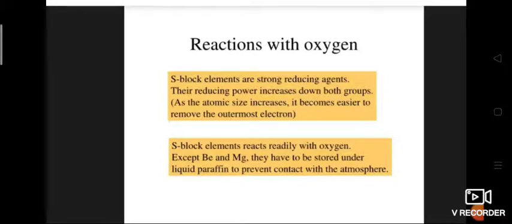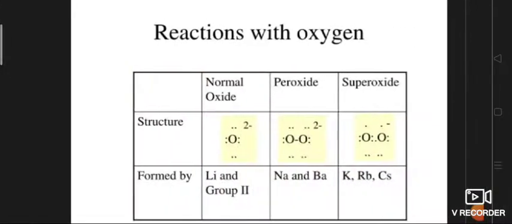S block elements react readily with oxygen except beryllium and magnesium. They are stored under liquid paraffin to prevent contact with the atmosphere. Beryllium and even magnesium can react with atmospheric oxygen, but the remaining elements are preserved in liquid paraffin.